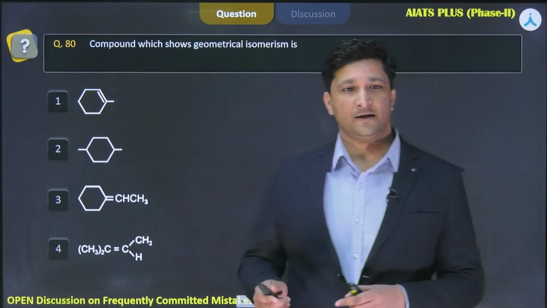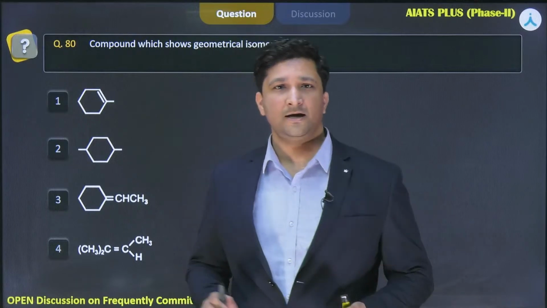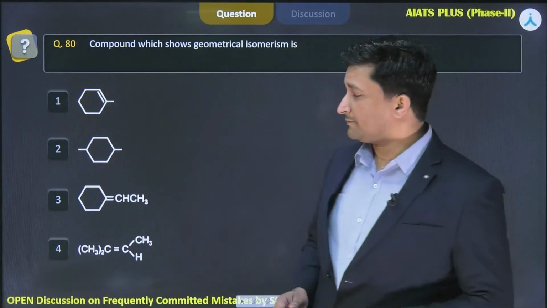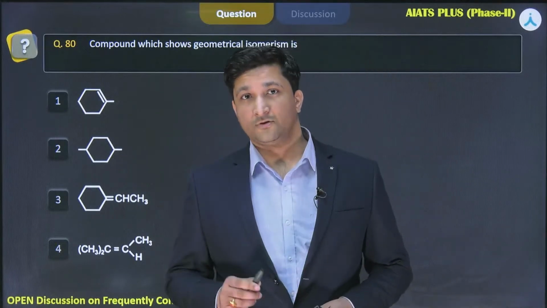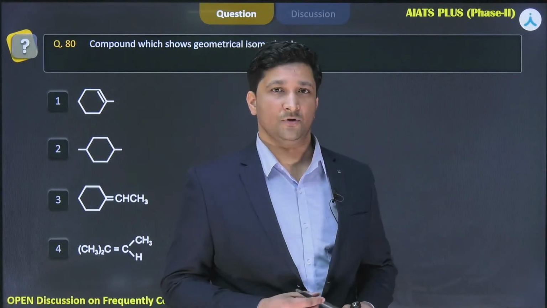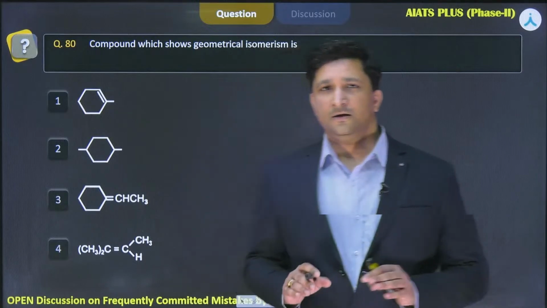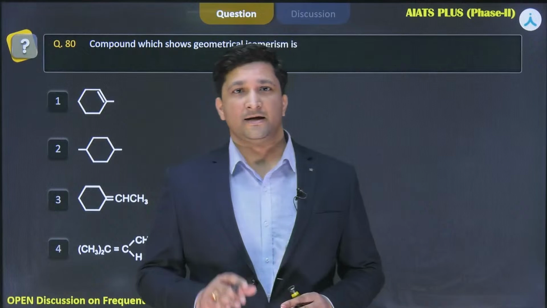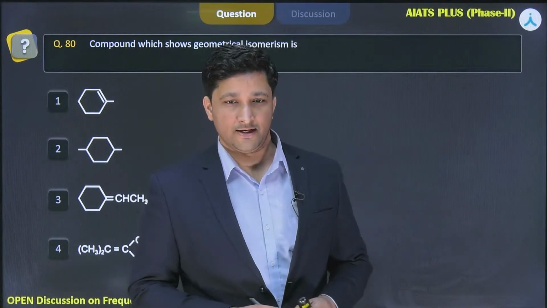Optical isomerism is one more type, but here I am going to discuss only geometrical isomerism. So be ready with your pen, pencil, notebook so that you can note down each and every concept, because I will discuss mostly all the points necessary from the NEET point of view. Is this clear to all?